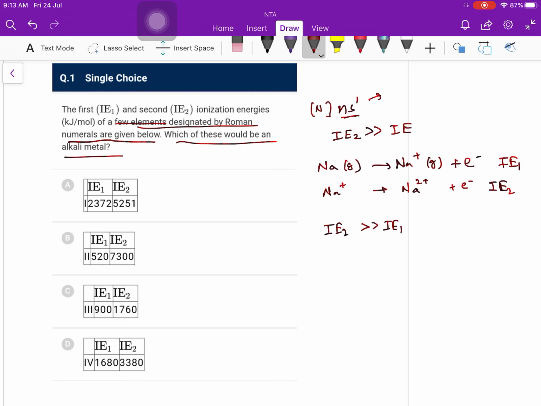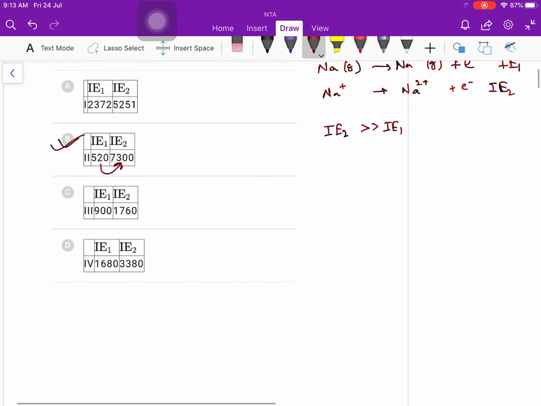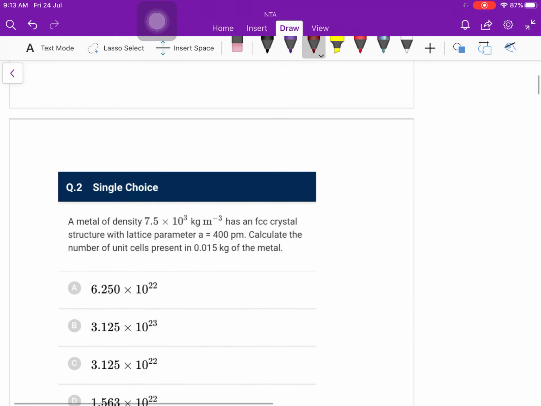Where is the jump? The jump is here only, 520 to 7300, approximately more than 10 times. So this is the alkali metal. The first ionization energy is relatively lower and the second ionization energy is very much greater than the first.